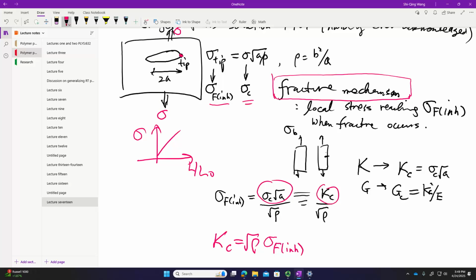This side is conventionally what we call the critical load. So this is just a rewriting of the English solution. Doesn't the English solution support Griffith's law?